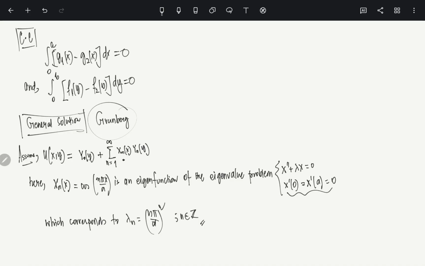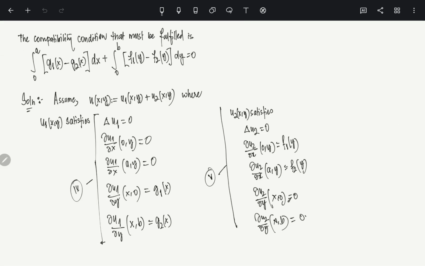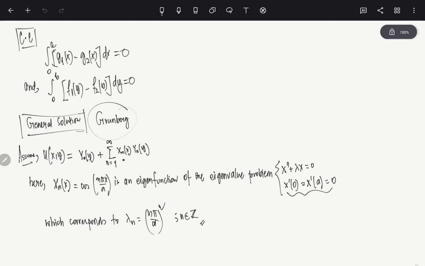How do you get these two conditions? We get it like this. See, these two equations are with respect to x. So if you fix a y, with respect to the x variable, the change in u1 is 0. If you fix x equals 0, it is 0, and x equals a also it is going to be 0. So in the x direction, at the line x equals 0 and at the point x equals a, this is 0.